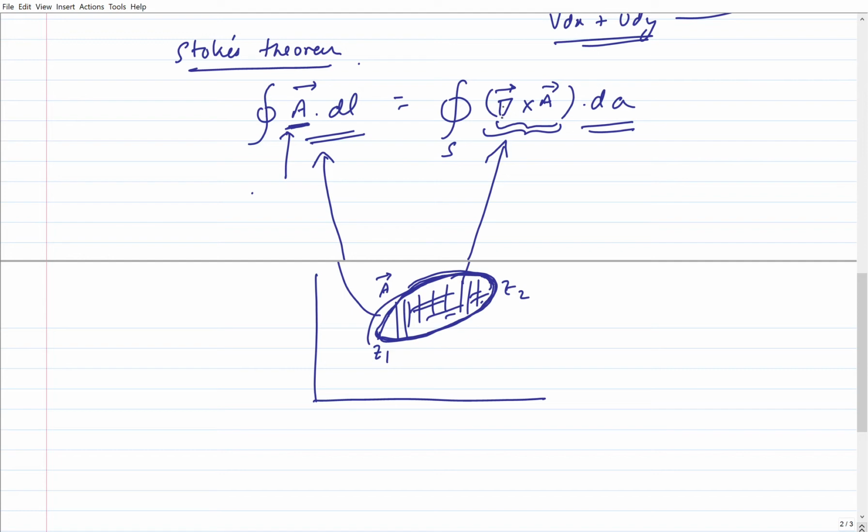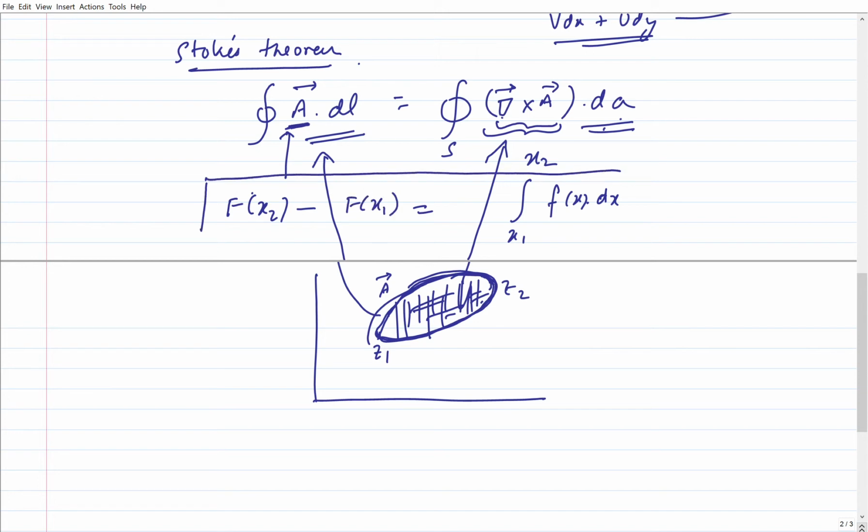Curl is a kind of derivative operator of a function over something which is inside the boundary. A very easy form of the Stokes equation you've already seen is your normal integral, f'(x) dx from x1 to x2. That is nothing but evaluation at the boundary, f(x2) minus f(x1).